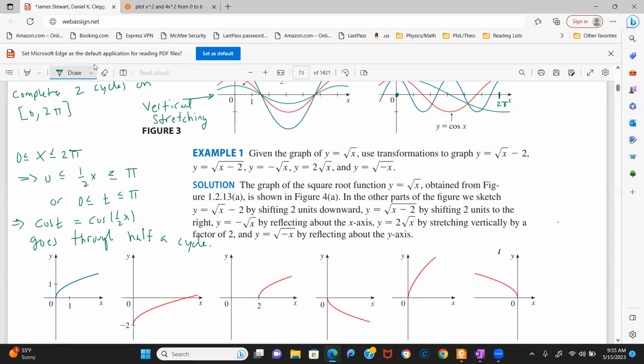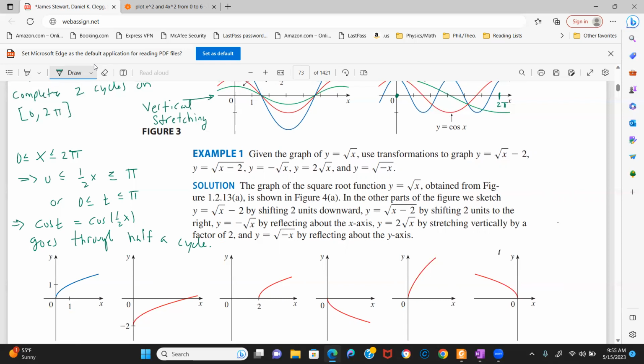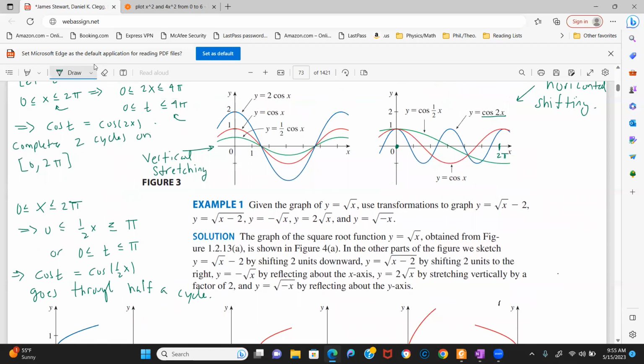And that's what you see here in the green curve. It's stretched out. It takes longer to go through a cycle, and in fact it only goes through half the cycle over the interval 0 to 2 pi.